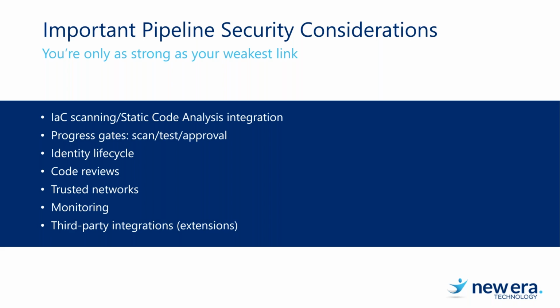Monitoring of the CI/CD service is incredibly important so that we can audit all these events and thus guarantee our compliance. And also third-party integrations or extensions to the pipeline. These are tools for which a company or other users in the community can write tasks that will perhaps integrate with Jira or PagerDuty or Salesforce, any one of a number of outside services.